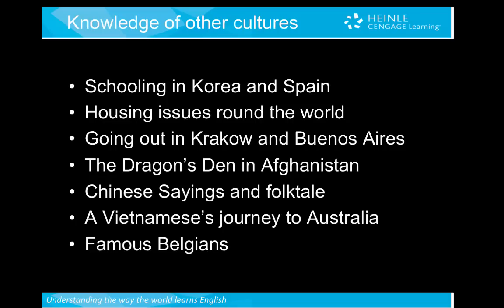There's a text about being a refugee and moving to a foreign country as a refugee. And there's a reconsideration of what it might mean to be a refugee, the benefits that refugees might bring to countries. There's a text on famous Belgians, and again it leads to a point of cross-cultural comparison. It leads to a project in which students think about who they would like to represent their own countries, famous people from their own countries or their own areas.